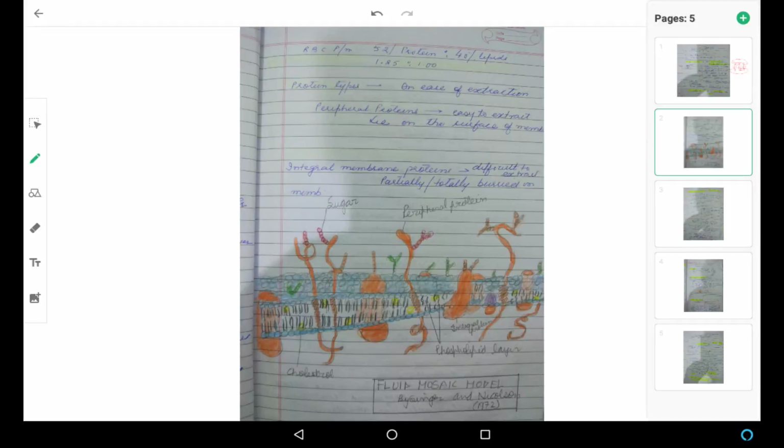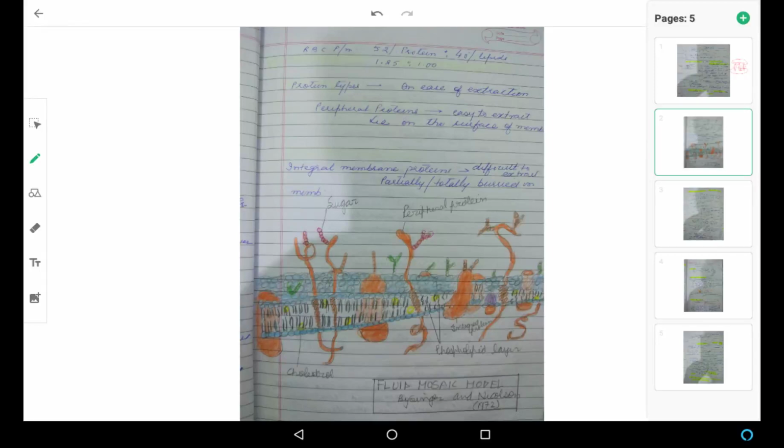The proteins which are embedded in the lipid bilayer of the plasma membrane are of two types, and they are classified on the basis of ease of extraction from the plasma membrane.